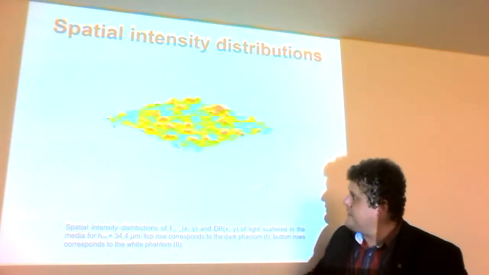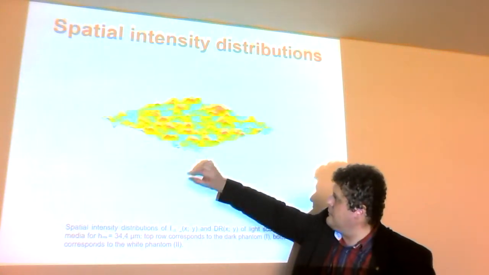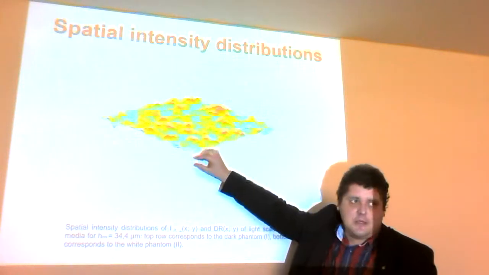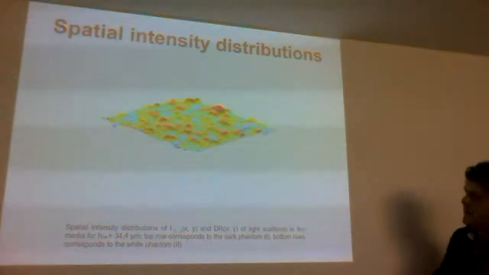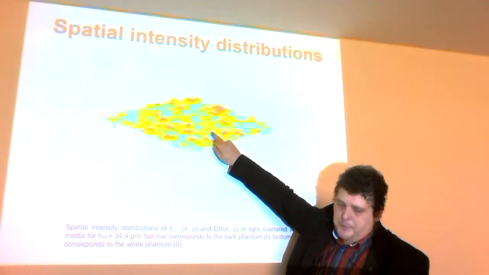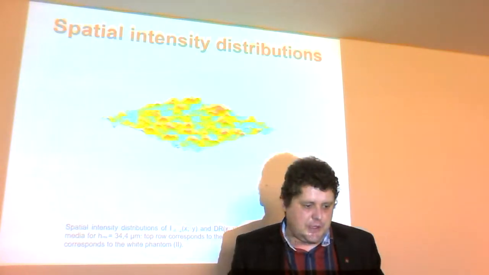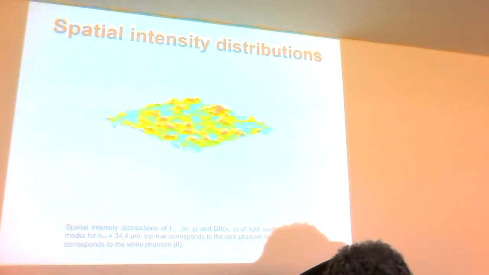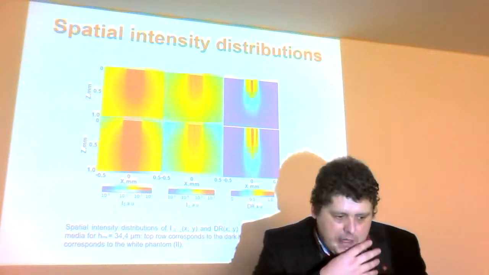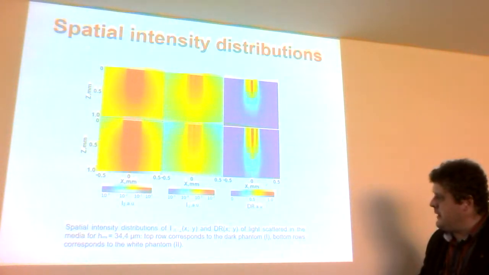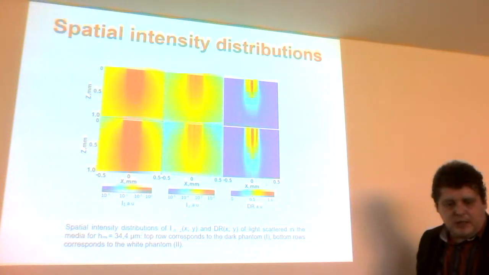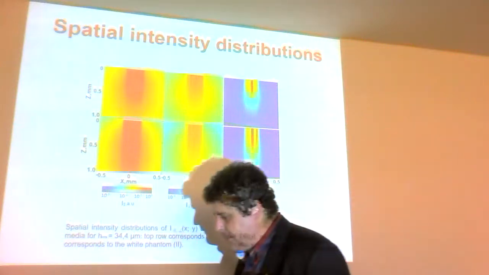This parameter we used as a definition of roughness basically shows the average size of the deviation from the zero point, meaning how big the roughness is. We found that we are able to compare this for two different phantoms that we also tested experimentally.